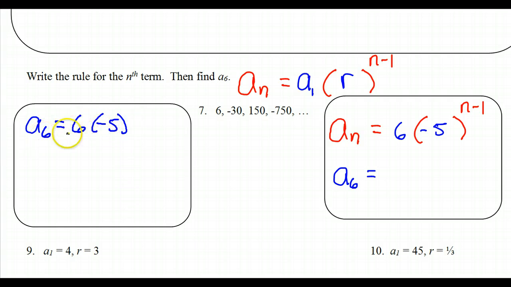Now this 6 has nothing to do with that 6, that's just a coincidence. But this always matches. It's the 6th term, so n is 6, and those match. 6 minus 1. So the 6th term should be 6 times -5 to the 5th power.